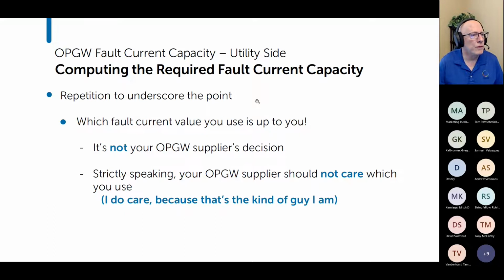So just to underscore this point, which value you use is up to you. It is not your OPGW supplier's decision. Strictly speaking, your supplier should not care. Now I care because I'm just a really caring person, but strictly speaking, it's your decision, not theirs.